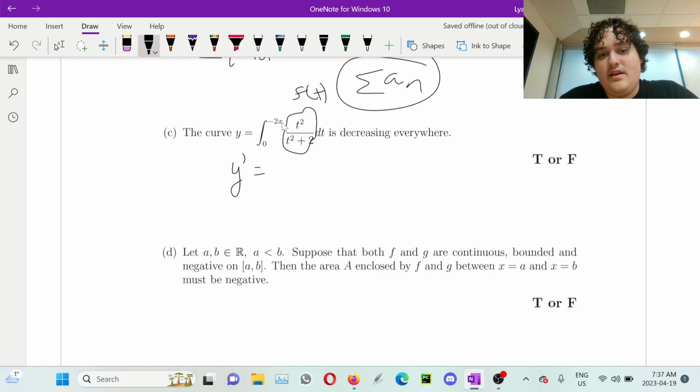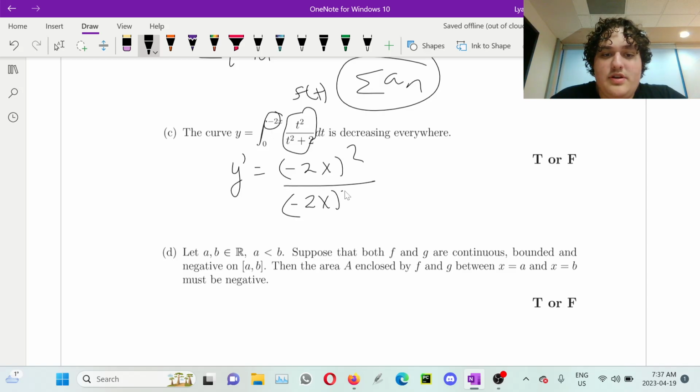So basically we can plug in the minus 2x into the function. We can do minus 2x squared over minus 2x squared plus 2, and then chain rule we have to multiply by minus 2.